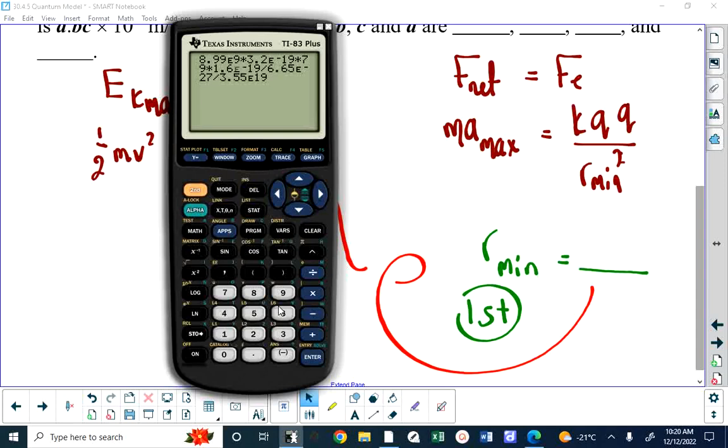Okay, and that goes to show you right there. Double check. What we're finding here is not r, it's r squared. So I have to take the square root of the answer. Now I know what r is. The distance of closest approach for this particular alpha particle is 3.9 times 10 to the negative 10 meters.